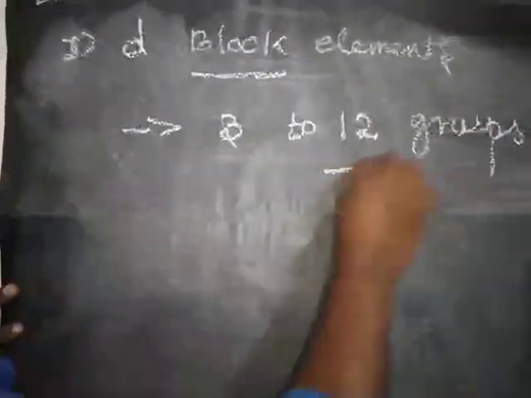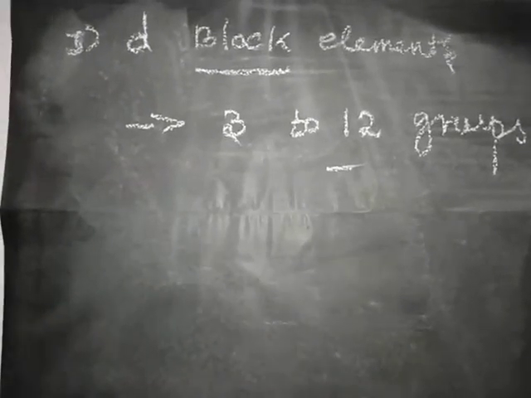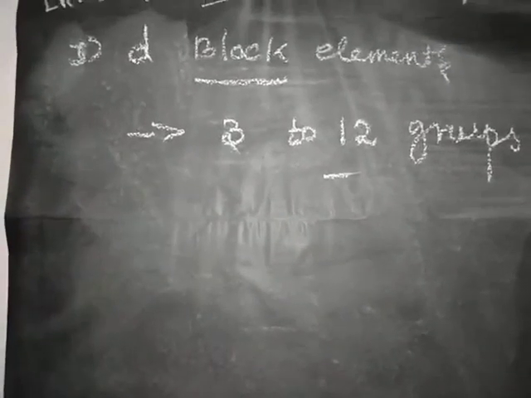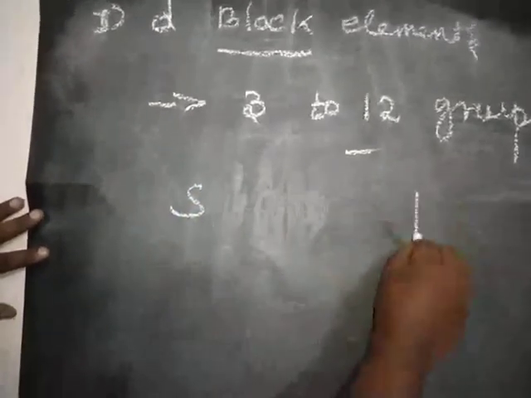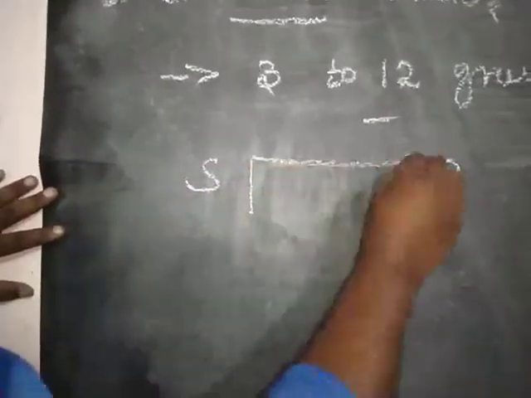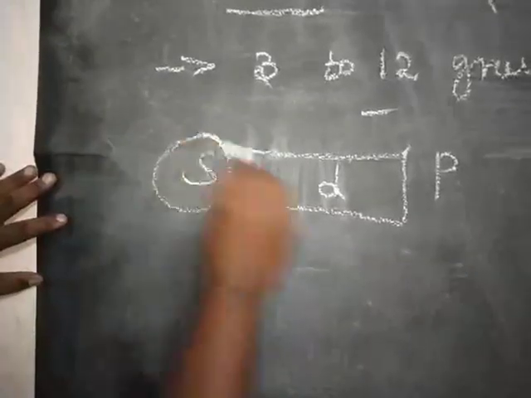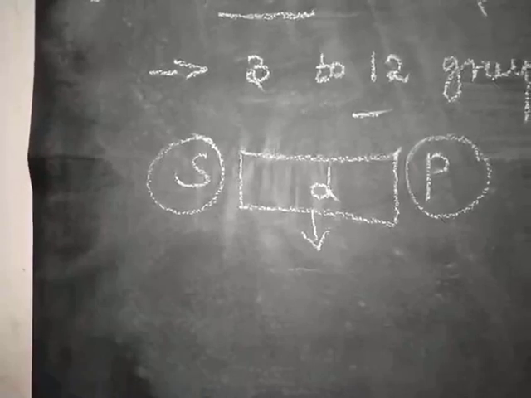Groups 3 to 12 come under the category of D block elements. They are found in between the S and P block elements, in the middle. So that is called D block elements.